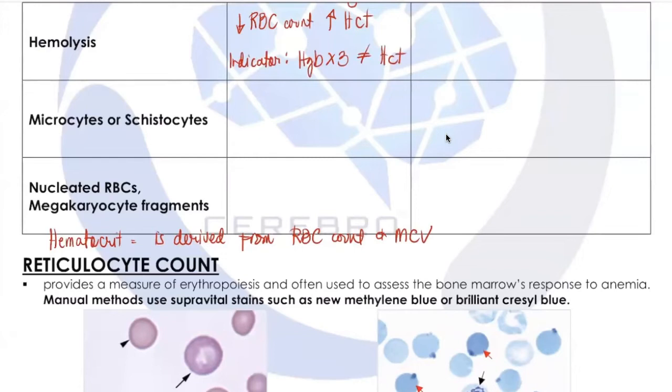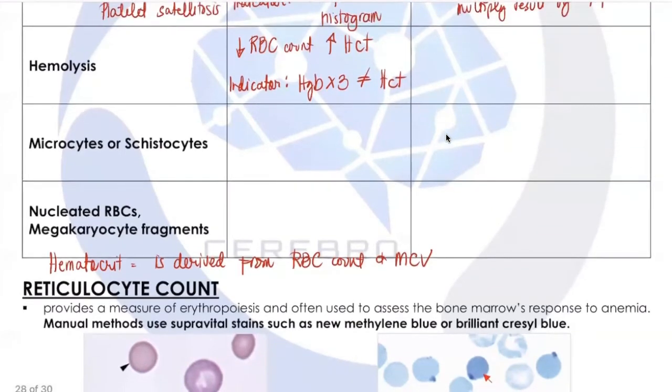Because of that, the presence of hemolysis will usually give us a histogram picture similar to the presence of lipemia or chylomicrons. So what will be our remedy here? Of course, the specimen is already lysed. We can't do anything about it. So request a new specimen.